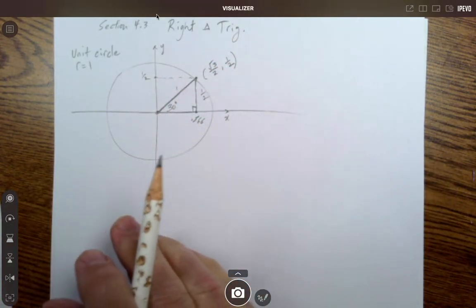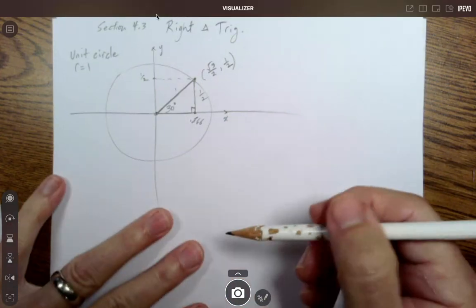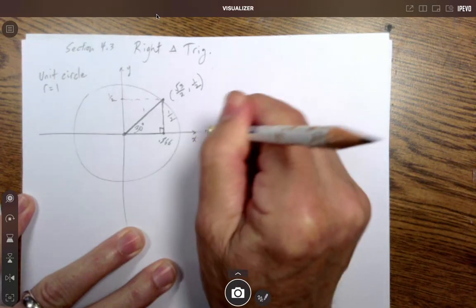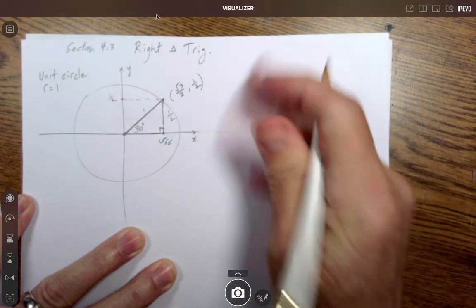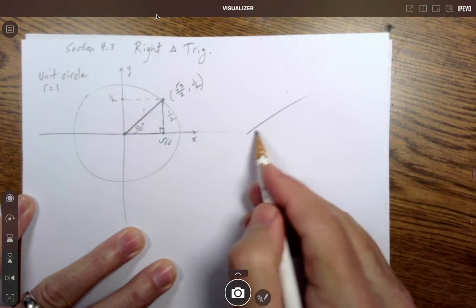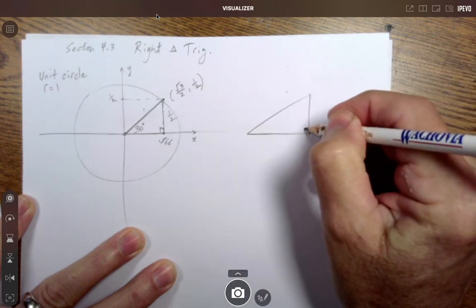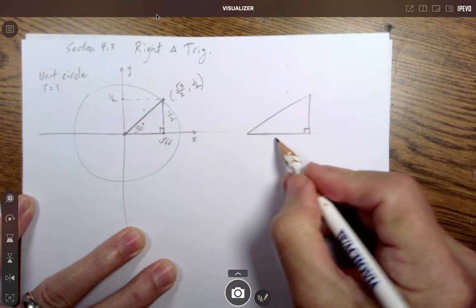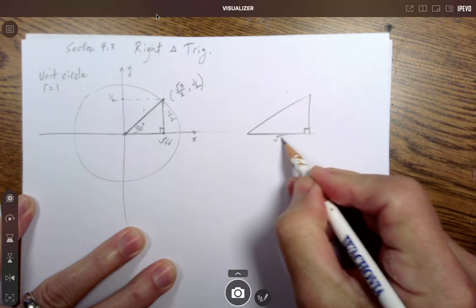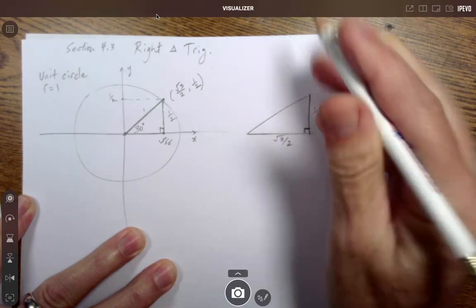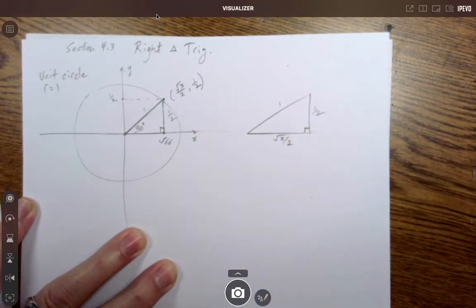All right, so what we're doing now is we're switching from the unit circle to triangles, right triangles. So if I have this triangle, then the length of this is the square root of 3 over 2, this length is 1/2, and this length is 1.